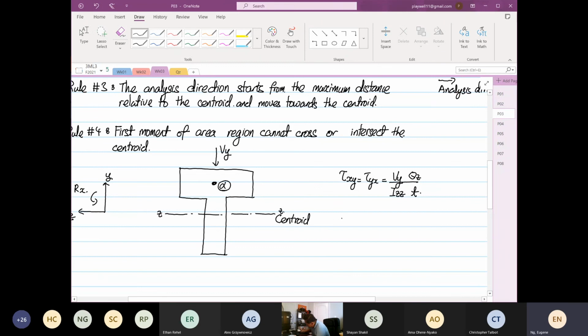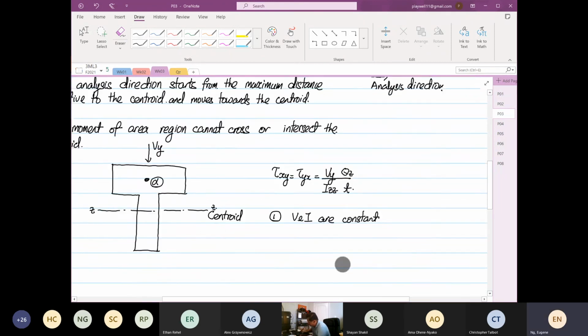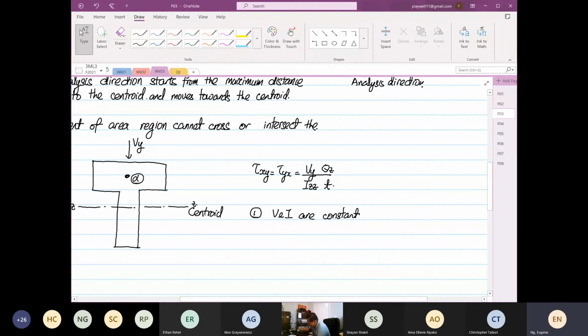So rule number 1: V and I are constant. What this means is that if we put in the formula the shear stress XY and we want to find it at alpha, V over I are constant. Whatever point I give you, V and I are constant.